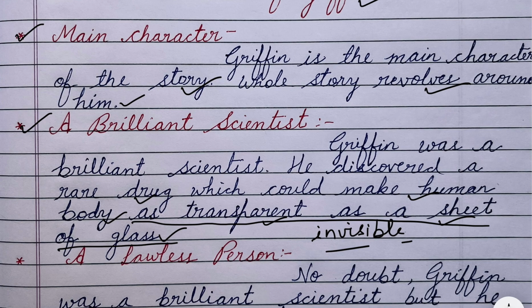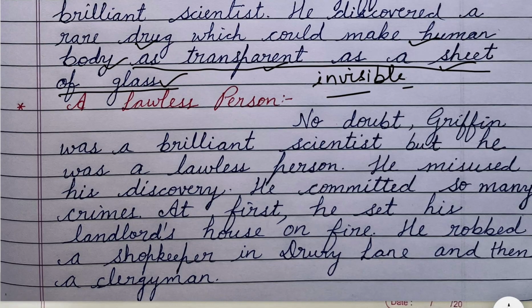You can write it like this: He discovered a rare drug which could make the human body invisible. If you want to use some advanced language or vocabulary, you can write it like this: He discovered a rare drug which could make the human body as transparent as a sheet of glass.